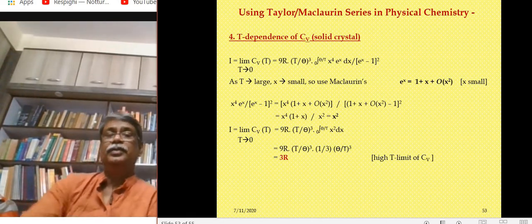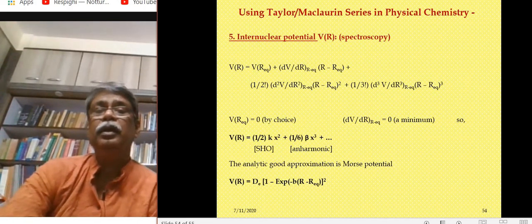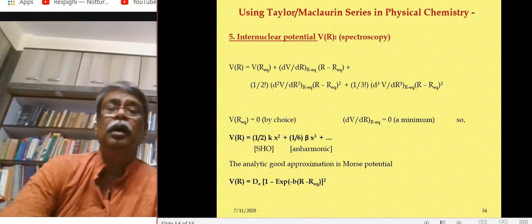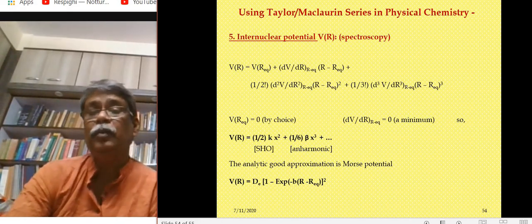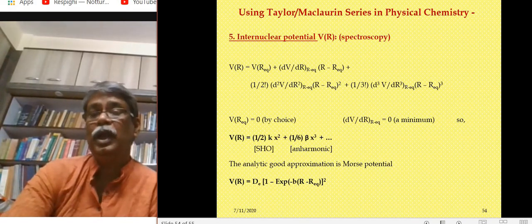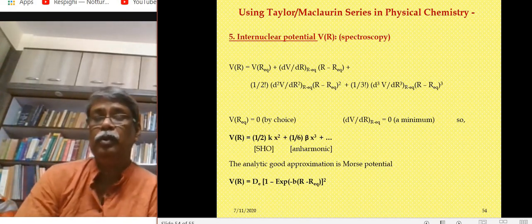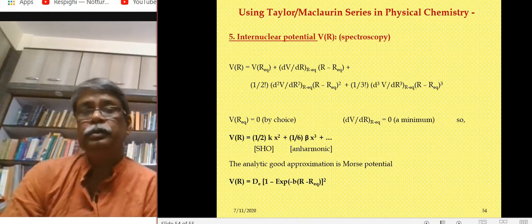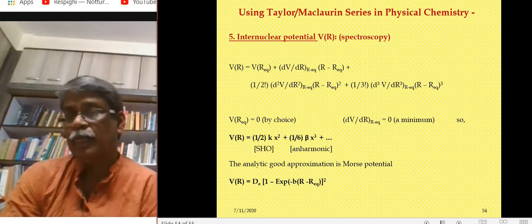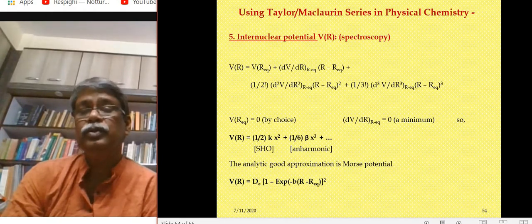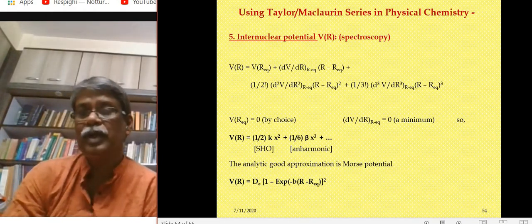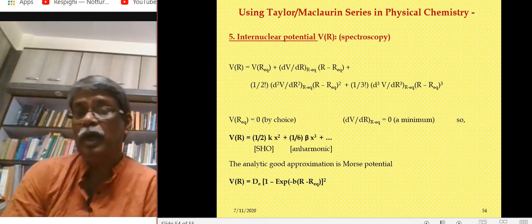And finally, the intermolecular potential in spectroscopy. We expand the anharmonic oscillator potential, to start with, to model a diatomic molecule as a simple harmonic oscillator, right? It's a simple model, but in reality the molecule is not really simple harmonic, it is an anharmonic oscillator. So what would be the anharmonic oscillator potential form or function?